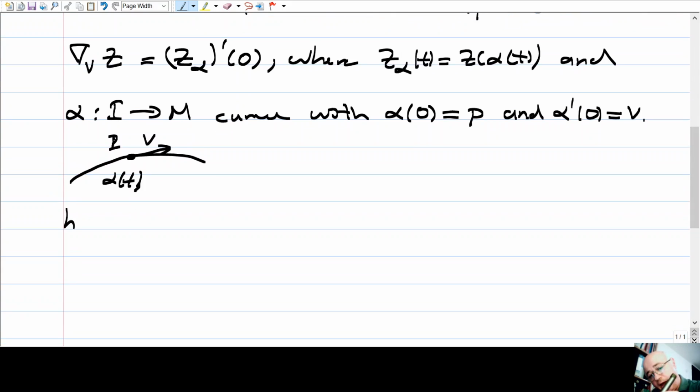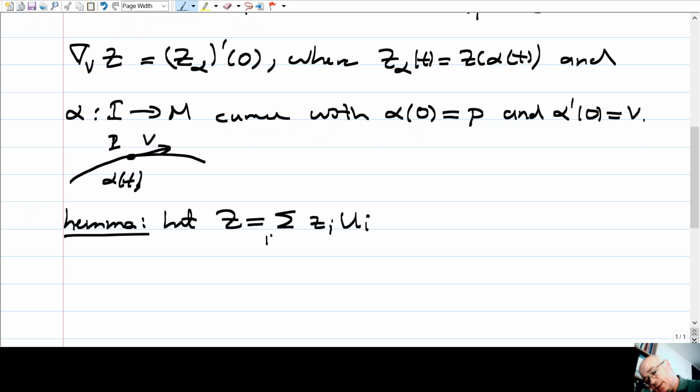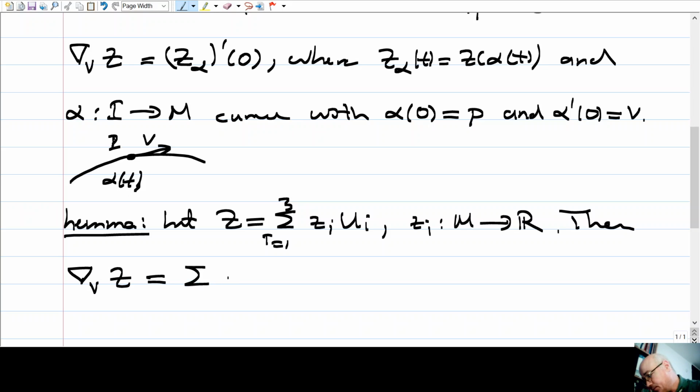The first fact about this is the following. Let the Euclidean vector field have components like this, i from 1 to 3. So here the zi's are all functions from M to R, okay? Then the covariant derivative we have just defined is nothing but v evaluated on the function zi.